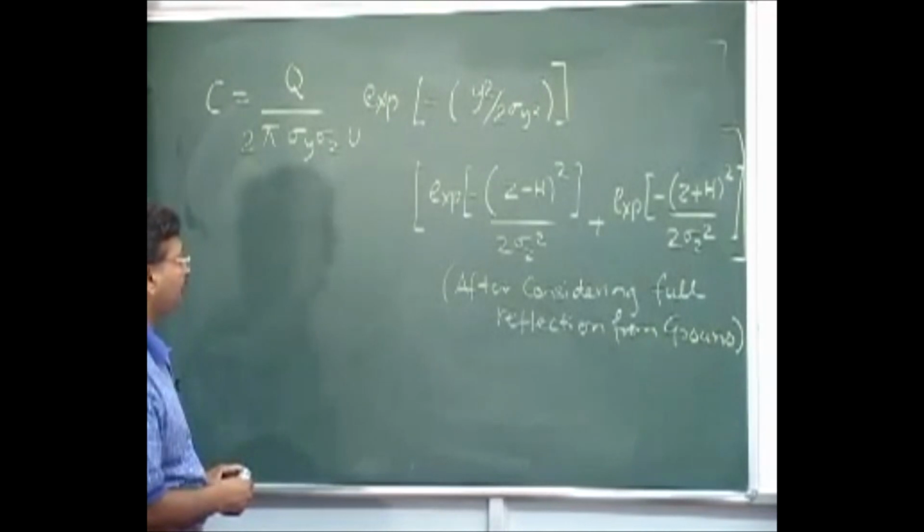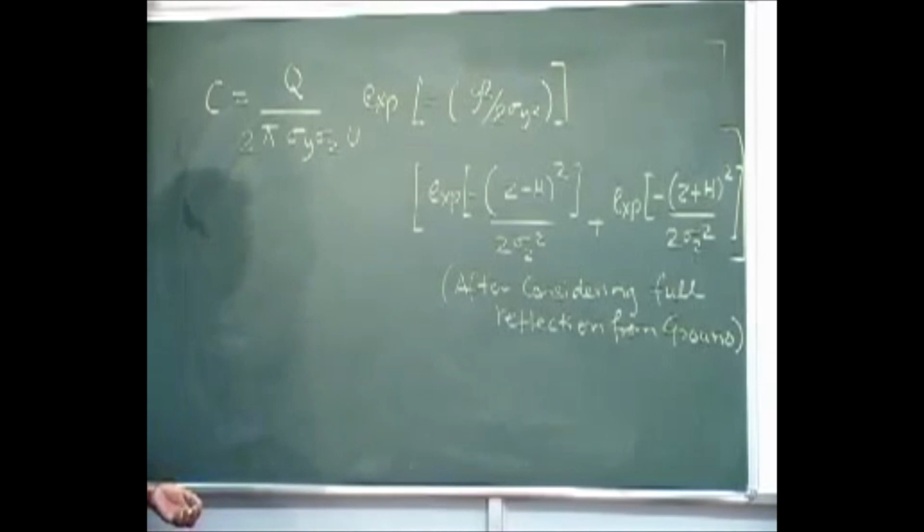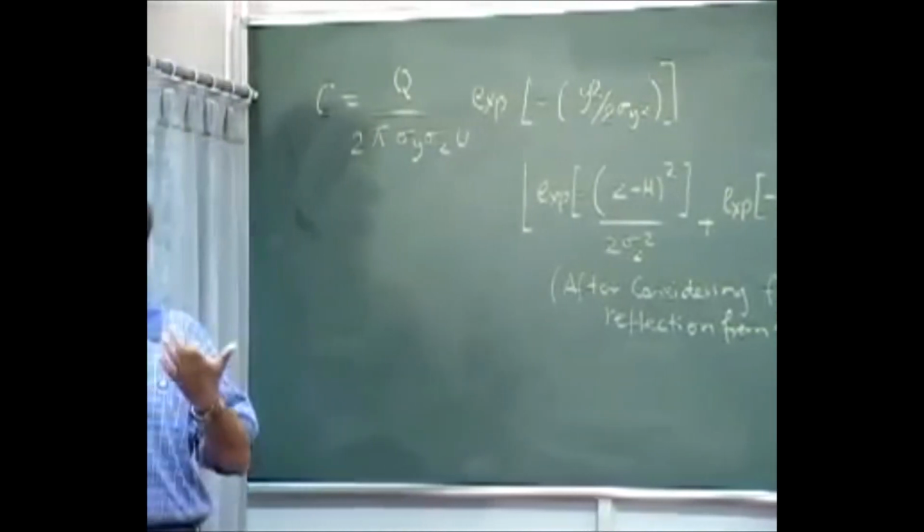Okay, what is it that we want to do? Some more changes from here. Many times, or rather most of the time, we are interested in the ground level concentration because that's where the people live.